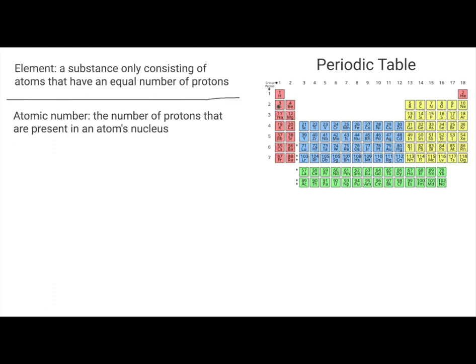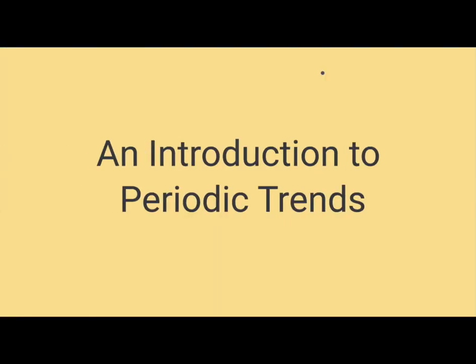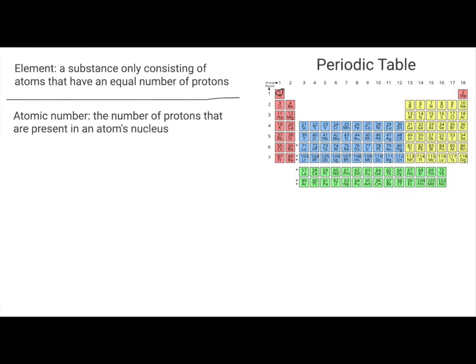So, for example, an atom of hydrogen would have only 1 proton, and therefore would have an atomic number of 1. Boron would have an atomic number of 5. Praseodymium would have an atomic number of 91, since all the atoms in praseodymium have only 91 protons.